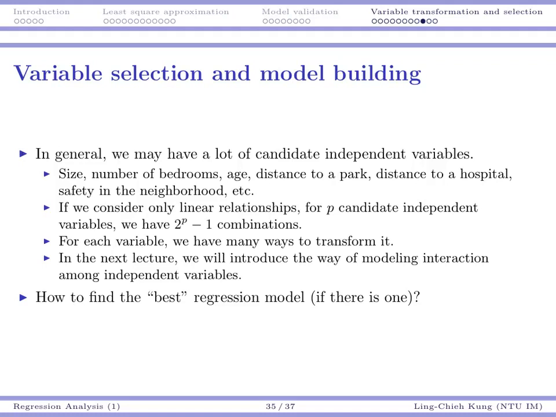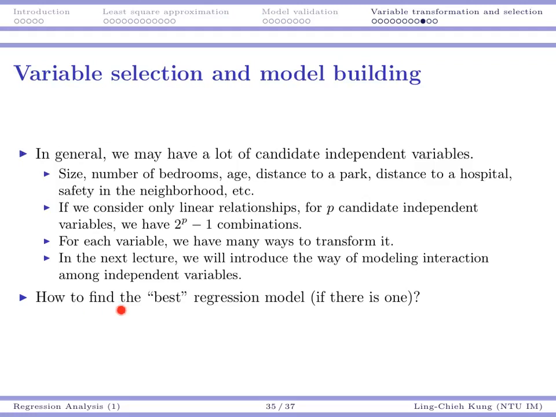There are infinite ways to transform a linear relationship to a nonlinear one. So there is really no way to try all the possible combinations. Okay? So that's really a difficult task to do.